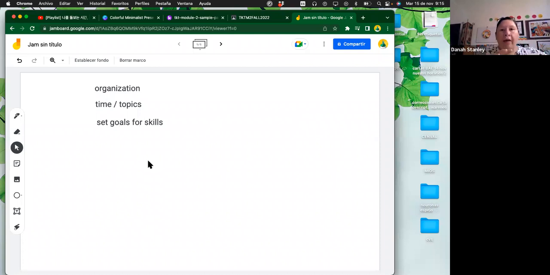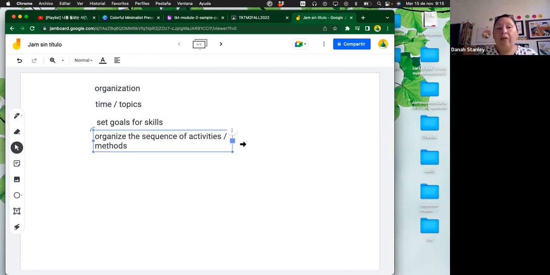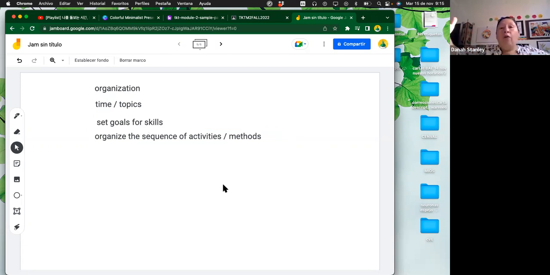So I know what day I'm going to give the input, when I'm going to give the practice, and when they are going to start planning the output. And for me, it's also easy to organize the sequence of activities and methods, no? Probably in this case, it would be easier to identify the different methods and approaches I can use throughout the unit, okay? Very good.